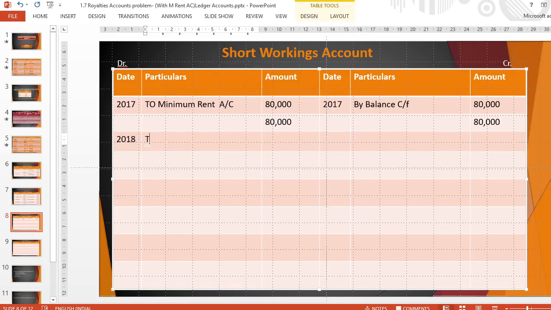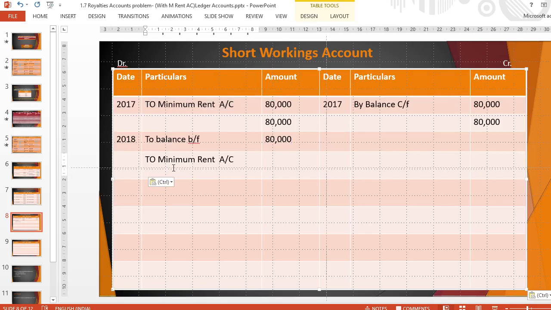For the second year 2018, to balance brought forward. So the balance brought forward amount is 80,000 from the previous year. Again, for the fresh short working, the entry is short workings account debit to minimum rent account. So again, the second year also we have short working.